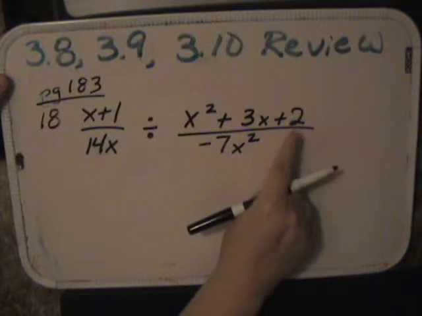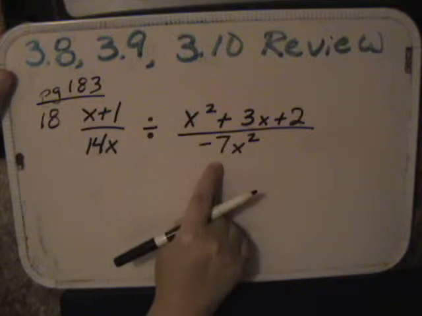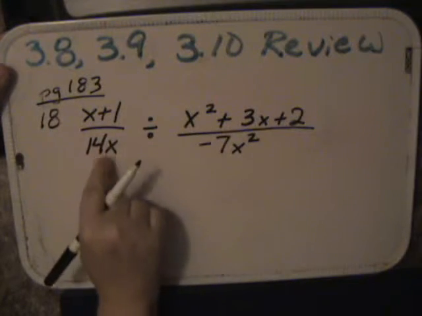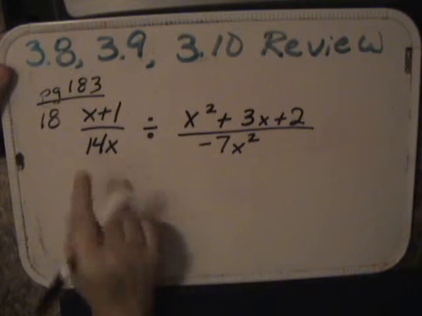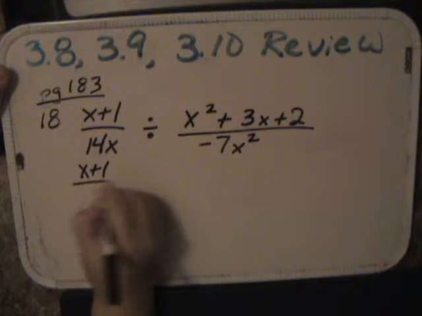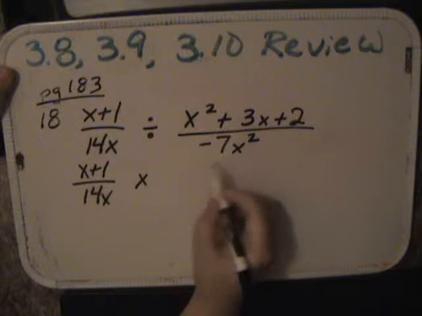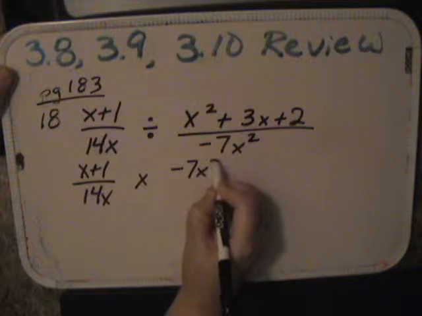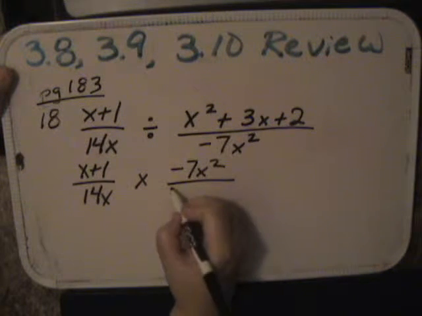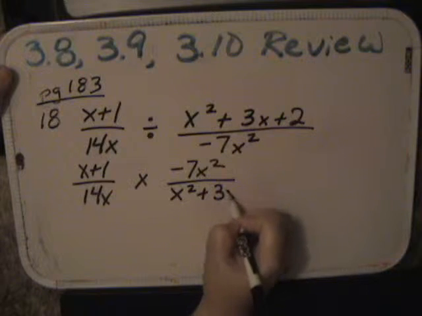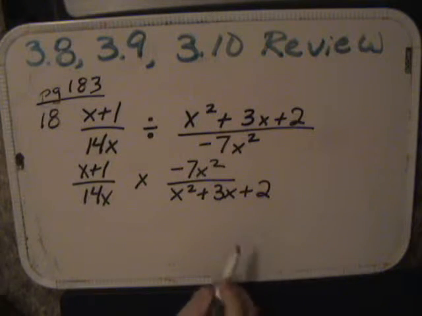Again, I've got a trinomial, so I'm going to factor this one and then I'll leave the rest of these. But before I do that, keep, change, flip. Keep the first one, x plus 1 over 14x. Change your sign and then flip minus 7x squared over x squared plus 3x plus 2.